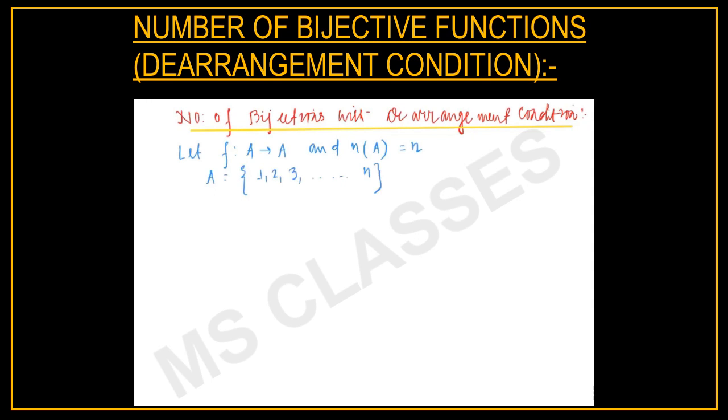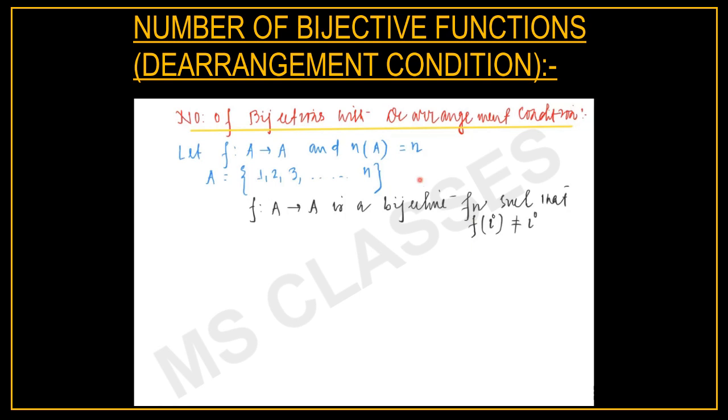Now suppose we have to find the number of bijections from A to A such that, or you can redefine it this way, f maps A to A is a bijective function which is required such that f of i not equal to i. That is, f of 1 should not be 1, f of 2 should not be 2, f of 3 should not be 3, f of n should not be n.